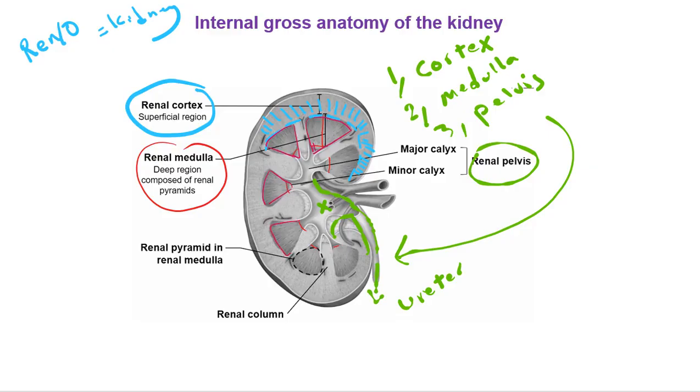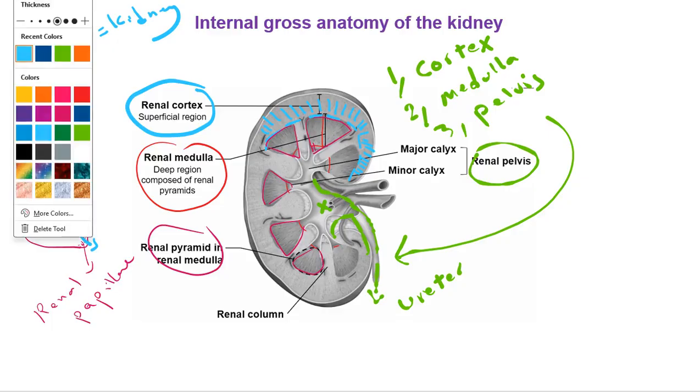At the apex of the renal pyramids, there are some holes or openings, called renal papillae. Here we have the renal papillae, and urine passes through this opening and fills the renal pelvis.